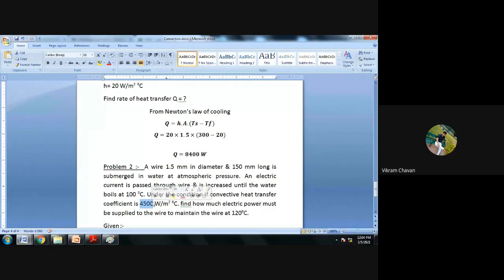Okay, and at this condition we have to determine the electric power, and to determine the electric power we need to determine the heat transfer from wire to water.